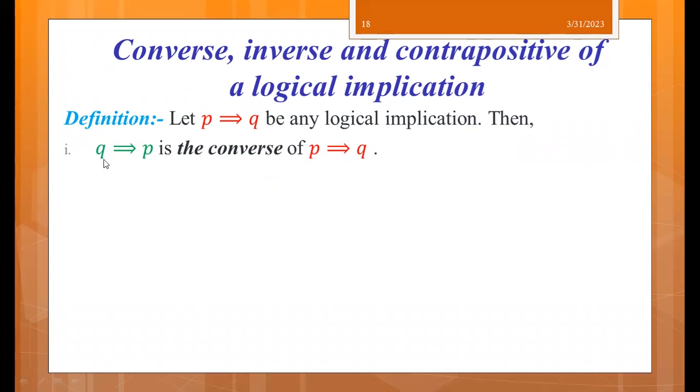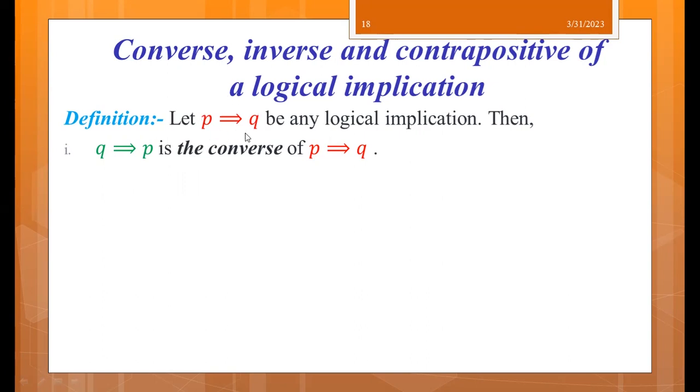That means this statement is obtained from the original one by only interchanging the if and the conclusion of the logical implication. In the converse, the if statement is the conclusion of the original logical implication, and the conclusion of the converse is the if statement of the original logical implication.